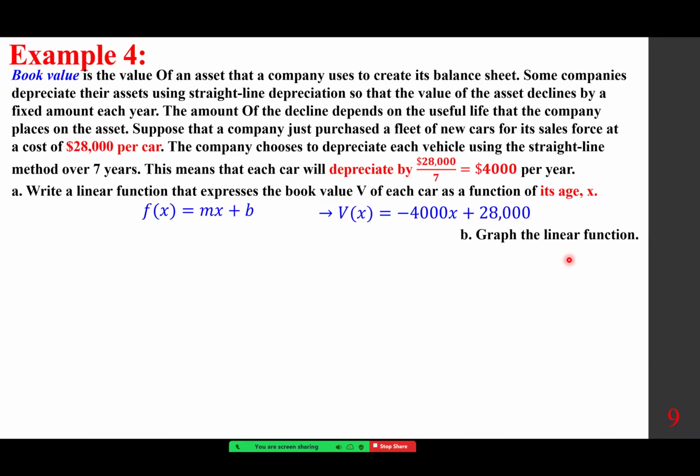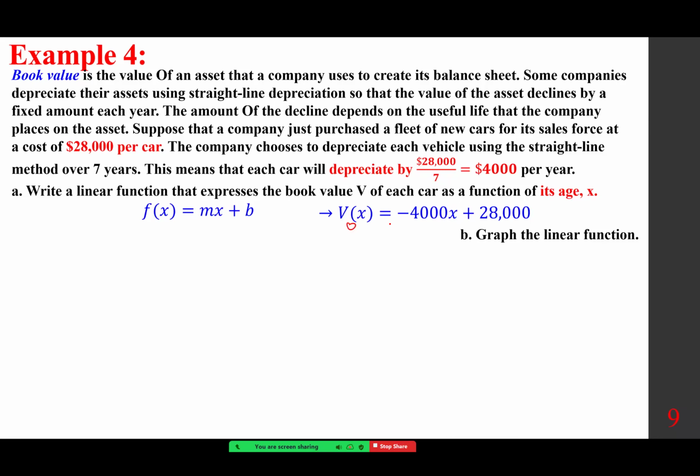Graph the linear function. Well, basically we have this one as 0, 28,000. That's the y-intercept. In this case, we're going to call it the v-intercept. Also, if we set this equal to 0, that's an easy calculation.